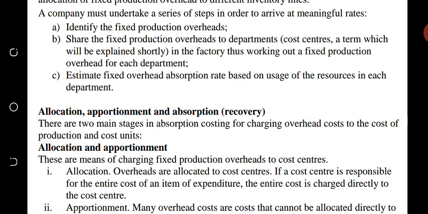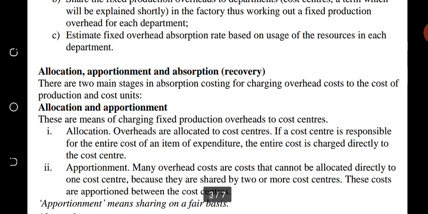If not a cost center, it must be another production center in the factory, thus working out a fixed production overhead for each department. That means you can share them with different departments or different products. Then estimate the fixed overhead absorption rates based on usage of resources in each department.